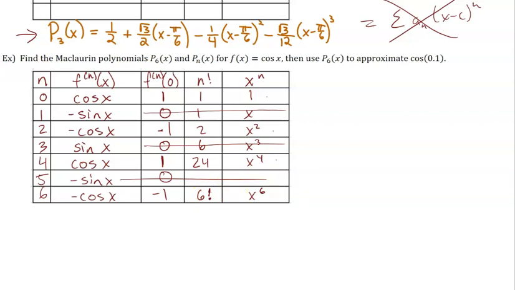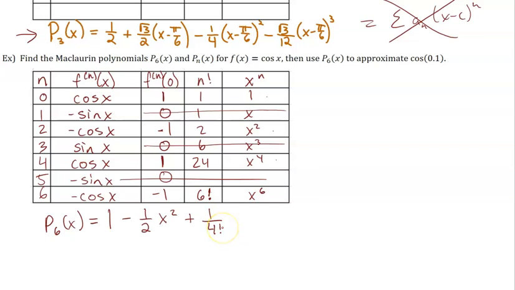Okay, so then p sub 6 of x is going to be 1 divided by 1 times 1, and then minus 1/2 times x squared, plus 1 over 24. If you want to write this as 4 factorial to help us look for a pattern, that's fine.